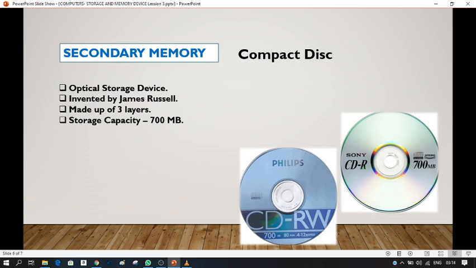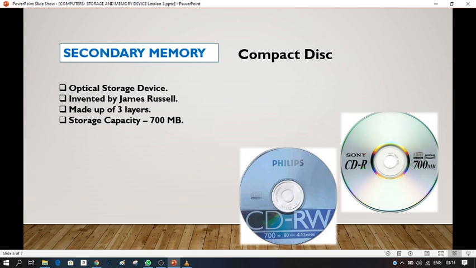A CD recordable type of compact disc is initially blank and lets the user save data on it only once. Once the data is written on it, it functions as a CD-ROM. That means the data can only be read from it.